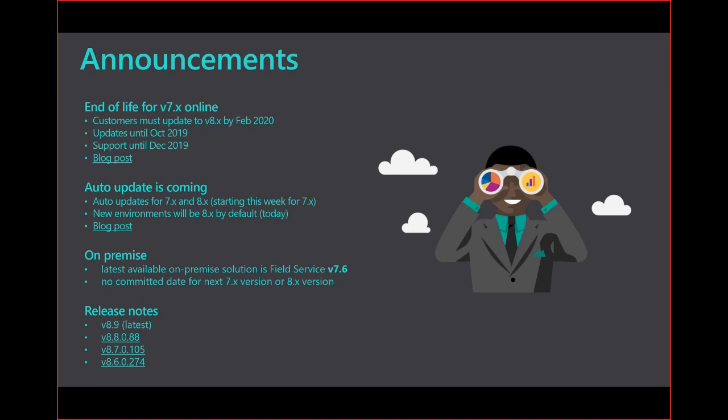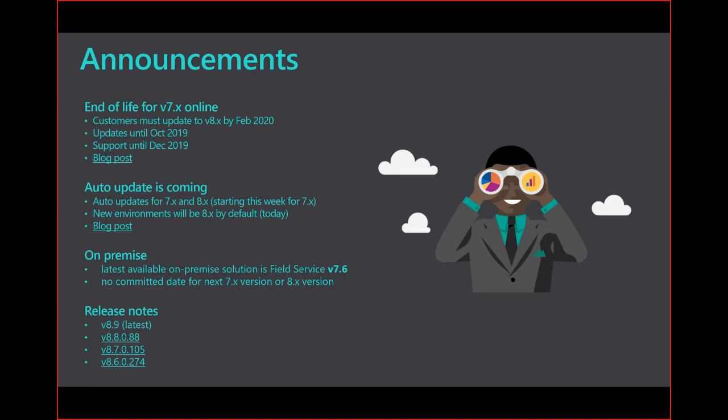We're moving to patch releases to make these updates as non-disruptive as possible. So that's coming, and for version 7, we'll see that as early as this week for some orgs, and for version 8, it will still be another 2 or so months out.